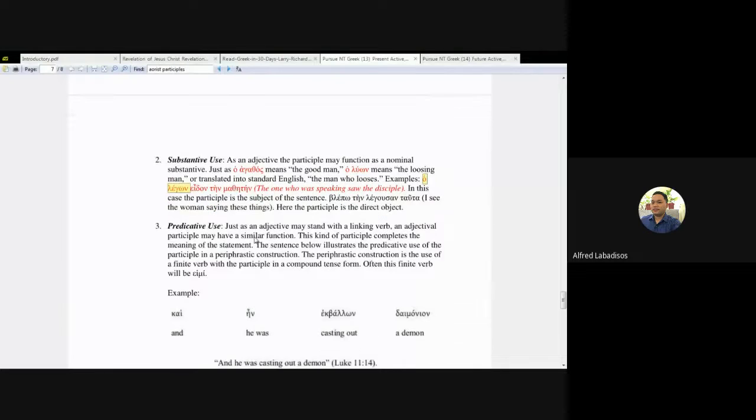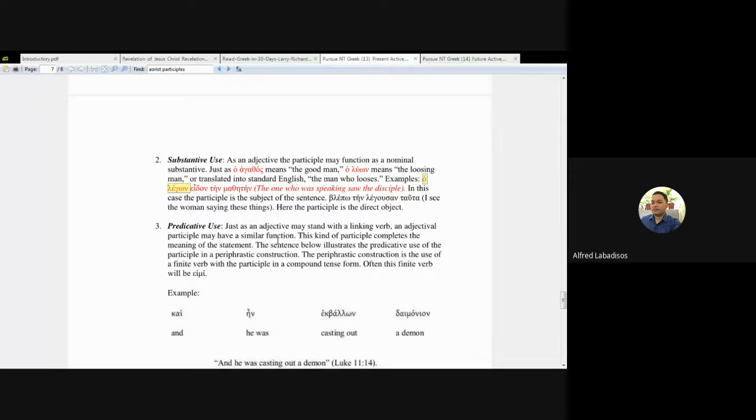Now, the predicative use. Just as the adjective may stand with a linking verb, an adjectival participle may have a similar function. This kind of participle completes the meaning of the statement. The sentence below illustrates the predicative use of the participle in a periphrastic construction. A periphrastic construction is the use of a finite verb with a participle in a compound tense form.